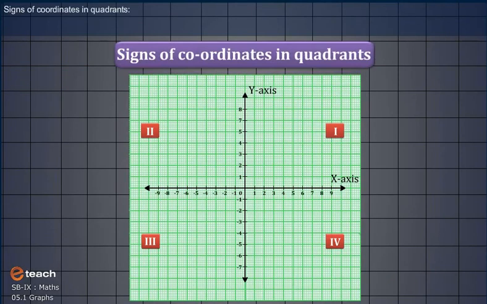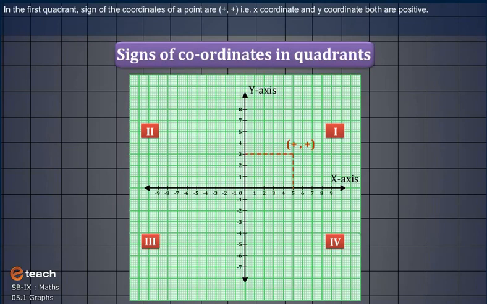Therefore, if a point lies on the y-axis, its coordinates are 0, y. Now, signs of coordinates in quadrants. In the first quadrant, signs of the coordinates of a point are plus, plus. That is, the x-coordinate and y-coordinate both are positive. In the second quadrant, signs are minus, plus.